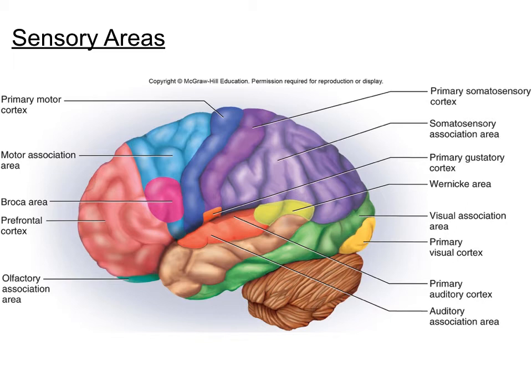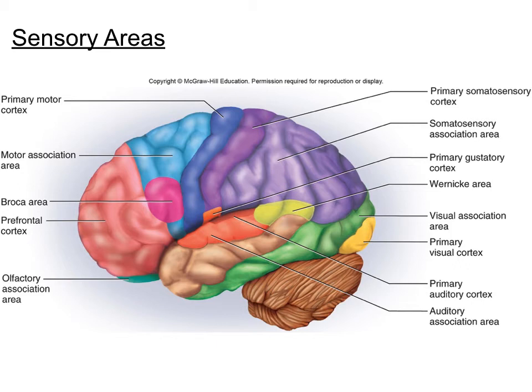So your somatic senses would include touch, pressure, pain, itch, tickle, vibration, even stretch and movement. In addition to becoming consciously aware of these somatic senses, you also gain the ability to identify where the sensation came from, meaning you have what is called spatial discrimination. You know where it came from on your body.